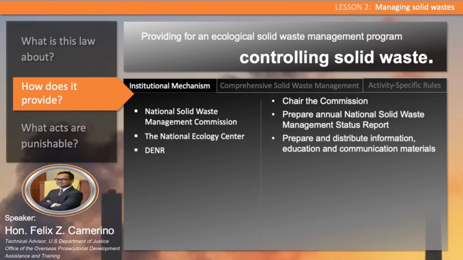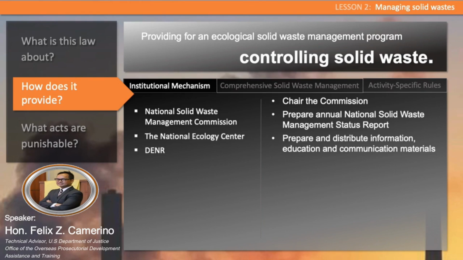those materials that the DENR prepares and distributes: information, education, and communication materials. The findings from the status reports, in a way, could serve as a basis for the contents of the information, education, and communication that the DENR would be preparing and distributing.